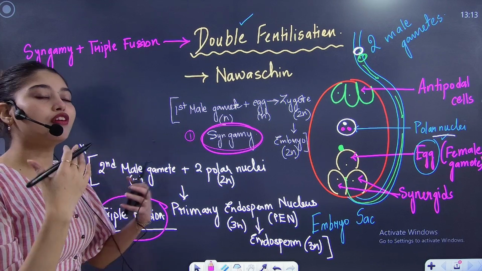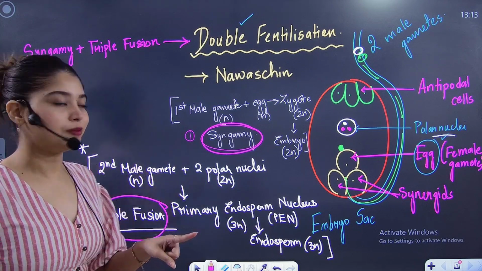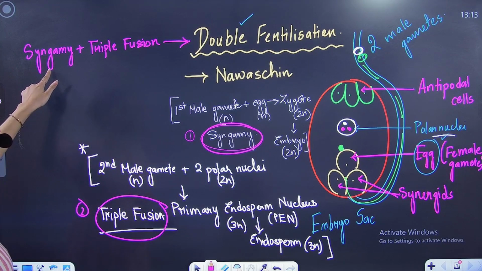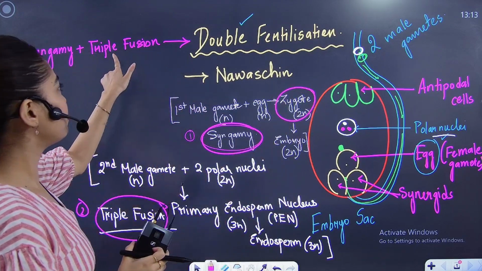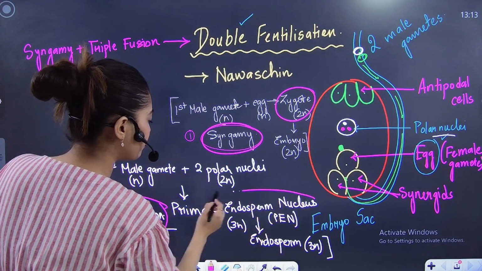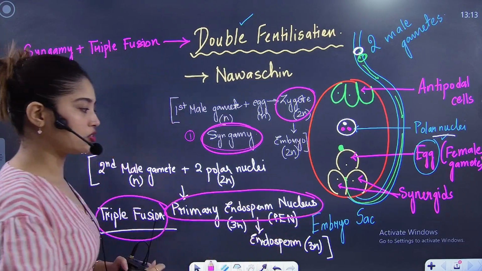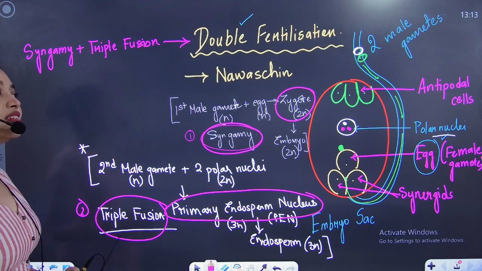That is, fertilization takes place twice. Syngamy leads to the formation of the zygote. Triple fusion leads to the formation of the primary endosperm nucleus, or the PEN.